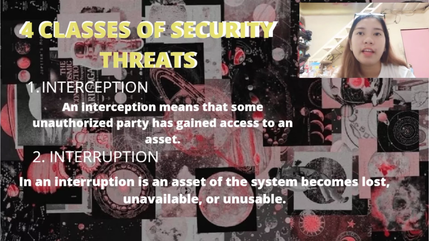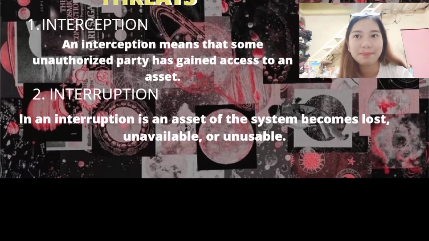Interruption. In an interruption, an asset of the system becomes lost, unavailable, or unusable. For example, someone might change the values in the database, alter the program so that it performs an additional computation, or modify data being transmitted electronically.